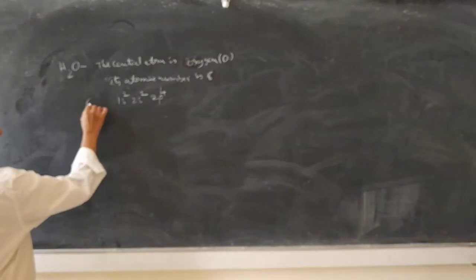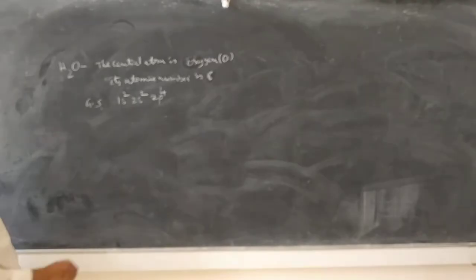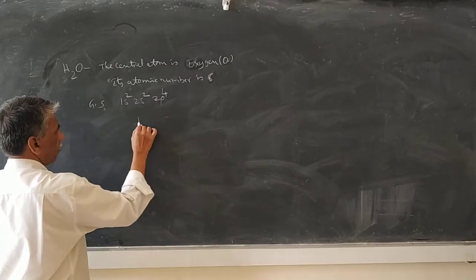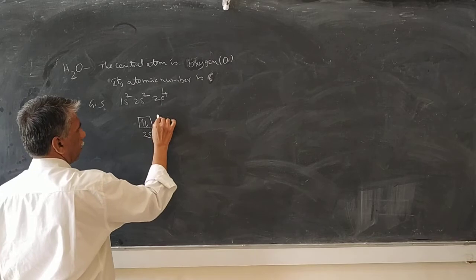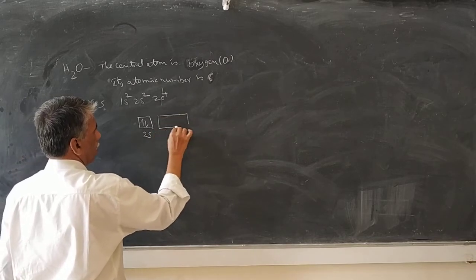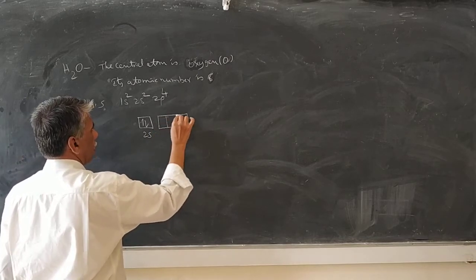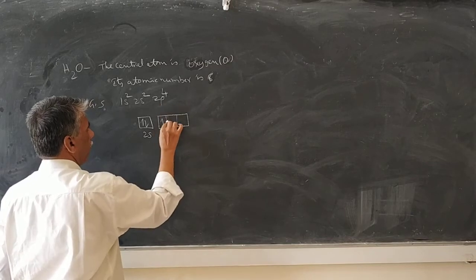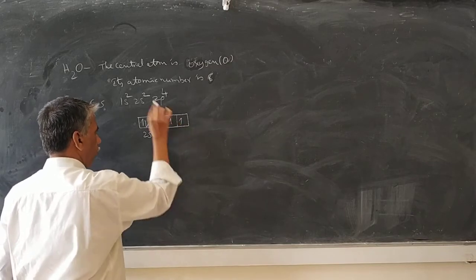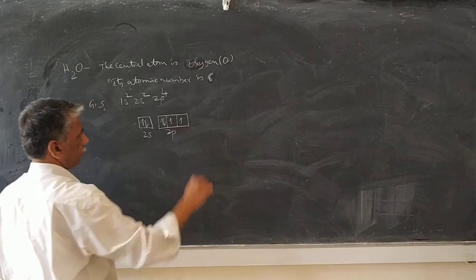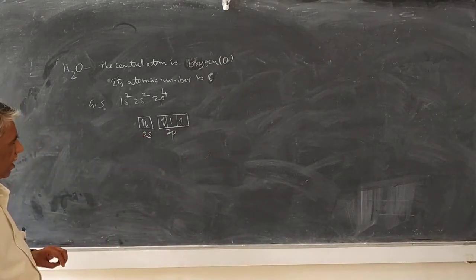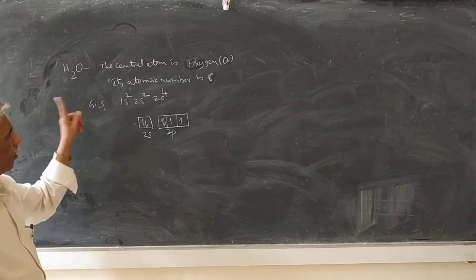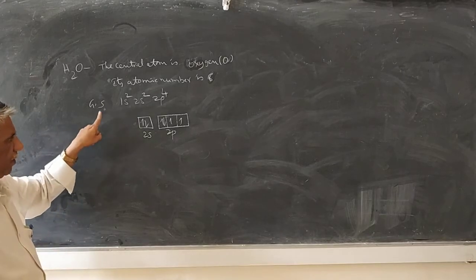Now this is the ground state configuration. We shall write it in the form of boxes. This is 2s2 and 2p4. This is the electronic configuration of the oxygen atom in the ground state.